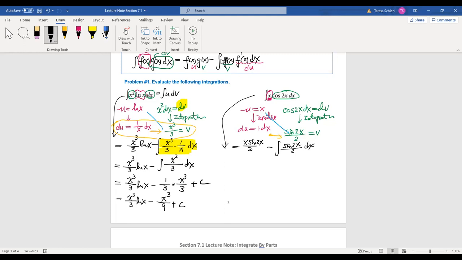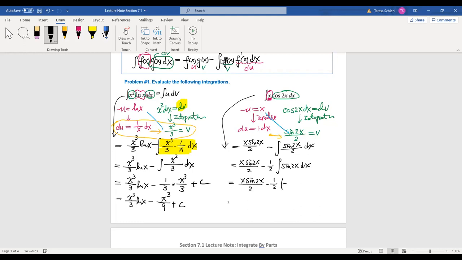So far, so good. Now you have x sine 2x over 2, and you can take this 1/2 out, then the integral of sine 2x dx. So from the basics, this is x sine 2x over 2 minus 1/2 times the integral of sine. What is the sine integration?